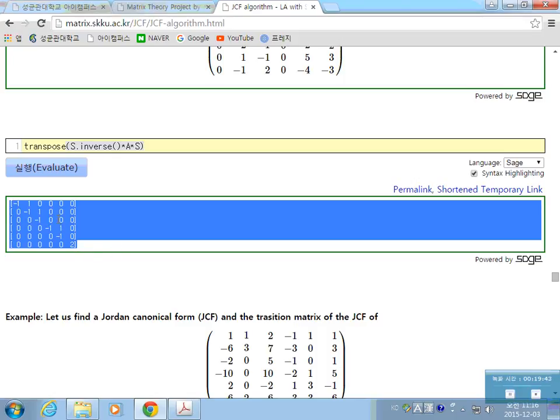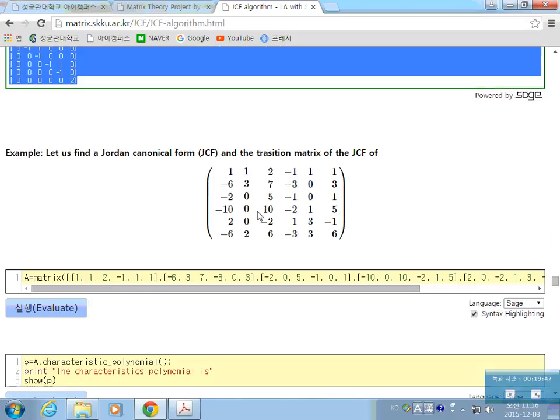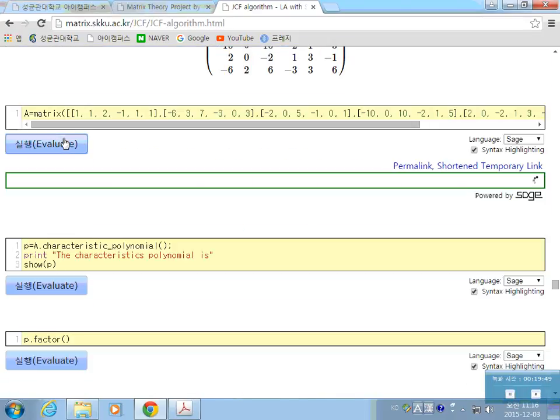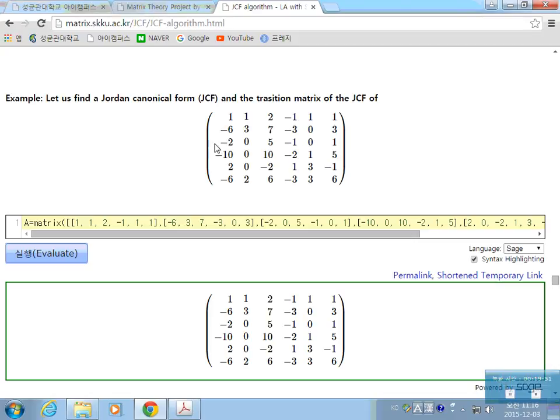And this was the Jordan canonical form that we found earlier. So they are the same. So it's true. So that works. Next example.